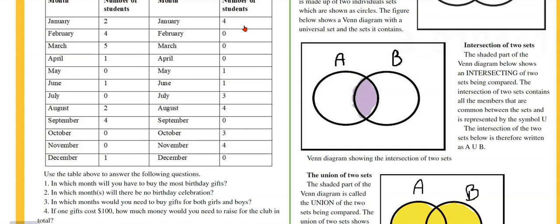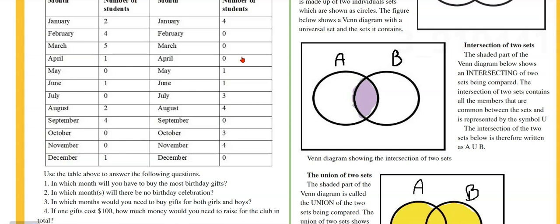So we have 6 and then we have 4. 6 and 4 would make 10, plus for March we have 5. For April 1. For May we have 1.